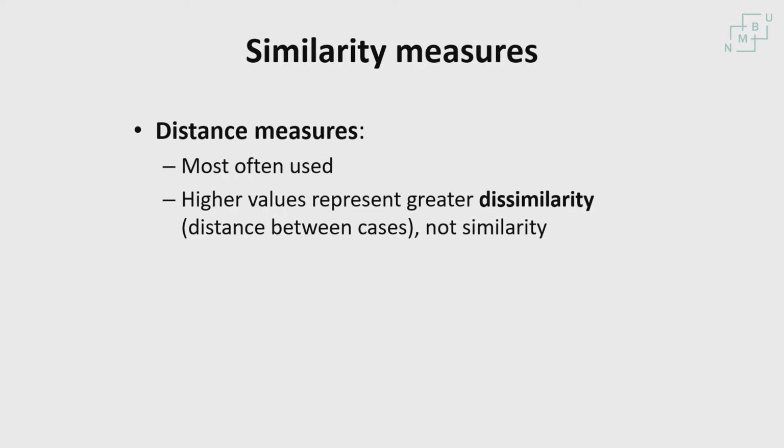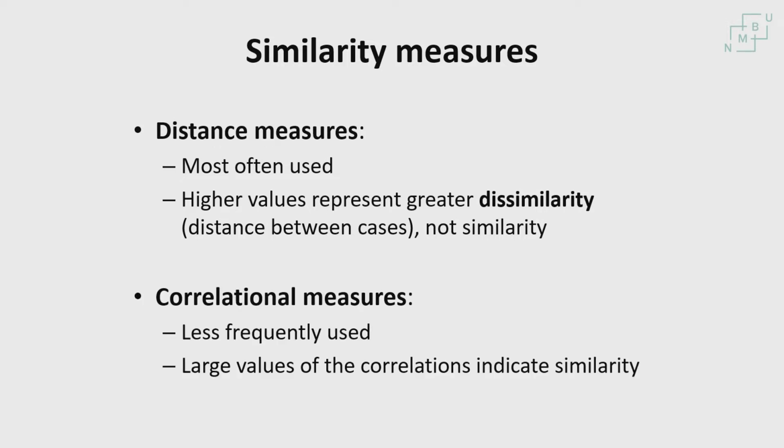I'll now say a little bit about similarity measures. Distance measures are the most often used measures of similarity. Here, higher values represent greater dissimilarity rather than similarity. So here we calculate the distance between the cases. We also have correlational measures, which are less frequently used.